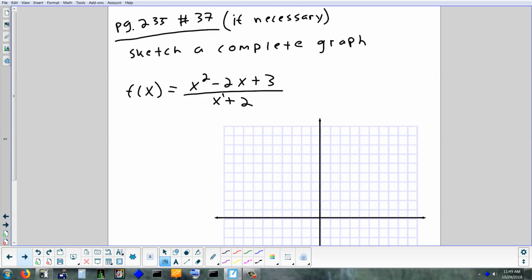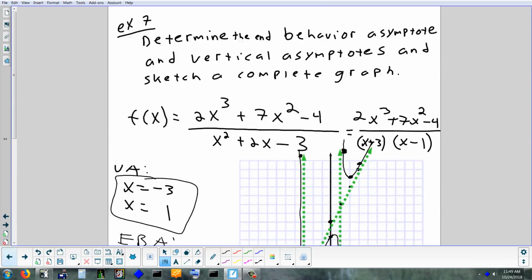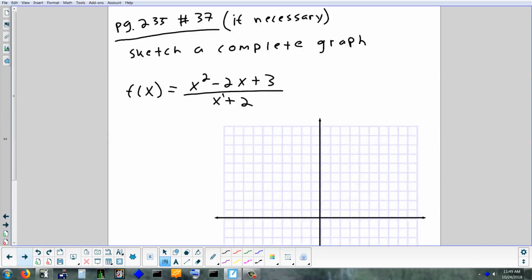But this one wouldn't be as bad because look at your denominator. There's only one number that makes it 0. In the last problem, there were 2. So this one is only going to have one vertical asymptote and one slant. So it's an easier problem. Does anyone want to see that one? It's up to you. Just to kind of give you an idea, it's going to look something like this.